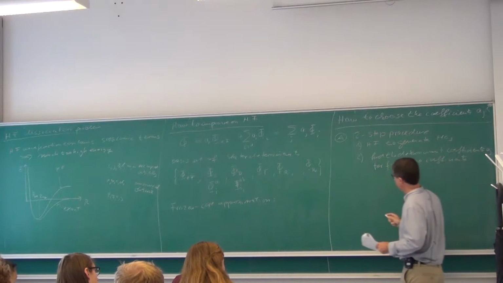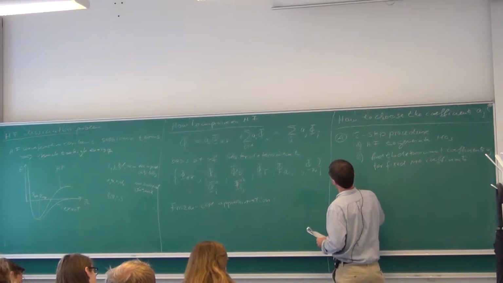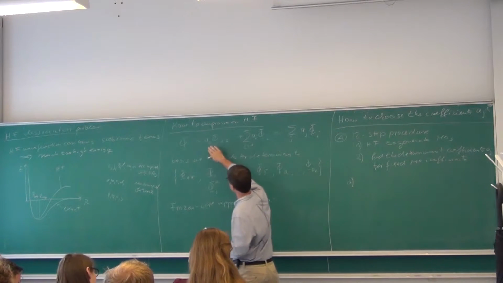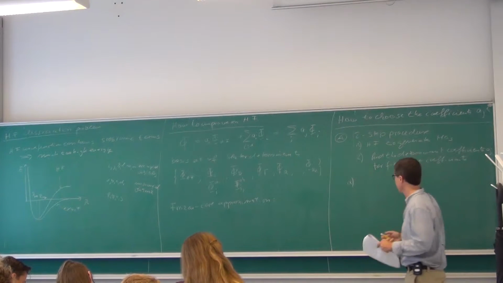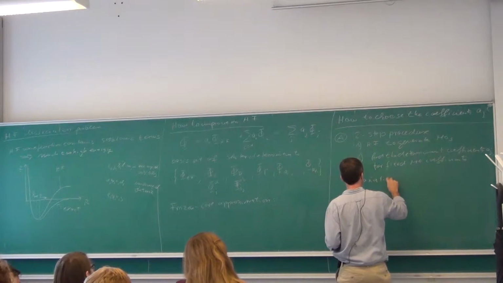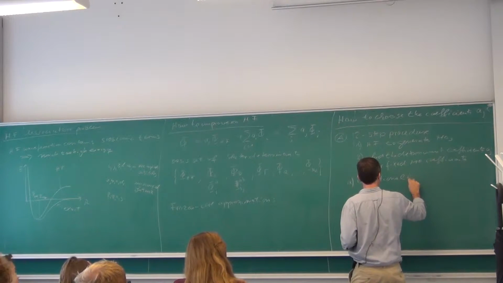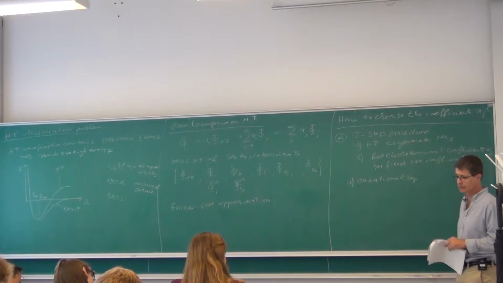And then there are again two possibilities for how we can find those coefficients for fixed molecular orbitals. One is variationally. That's what we're going to discuss this week.